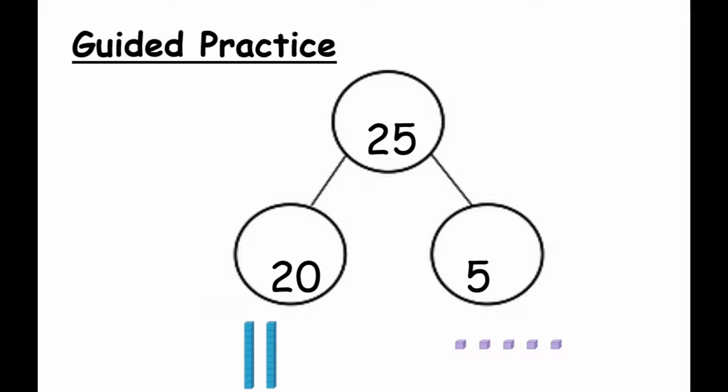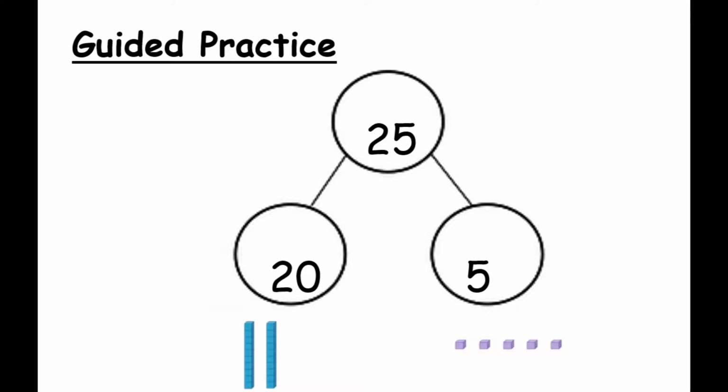So we've got the number 25, that's our whole number at the top. And then we are splitting it into two parts. I've got the number 20 and the number 5. Now, if I remember back to our learning that we did last week on partitioning and all what we know about tens and ones, it's really easy for us to complete this part-whole model.